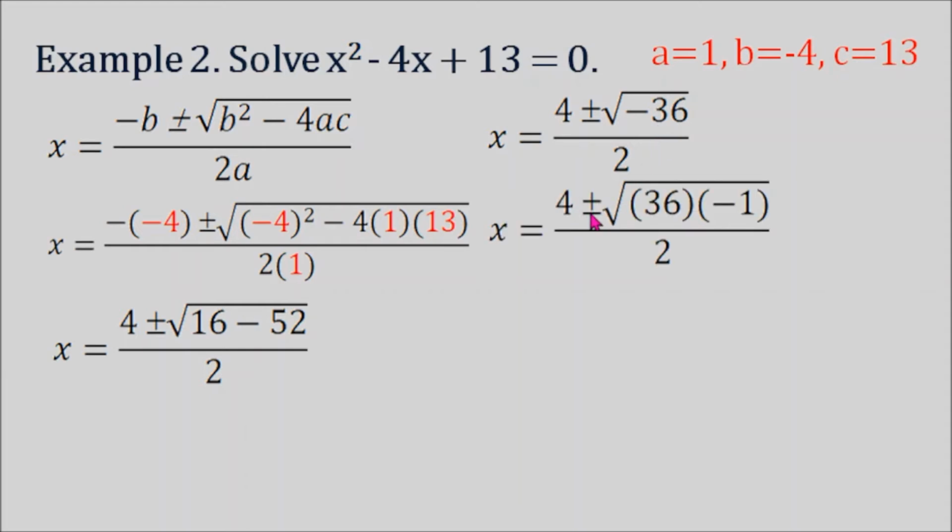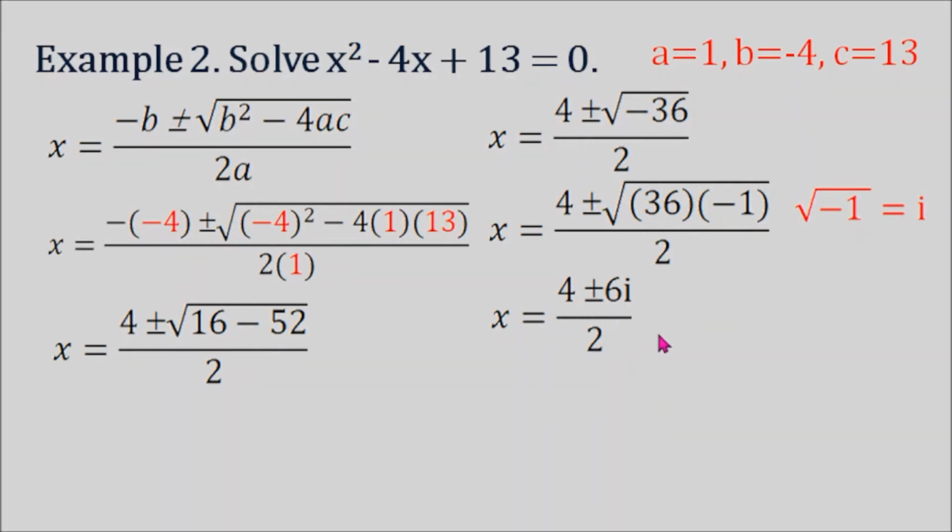So it's 4 plus and minus square root of 36 times negative 1. So we define square root of negative 1 as i. So we have 4 plus and minus square root of 36 is 6 and square root of negative 1 is i, then all over 2.